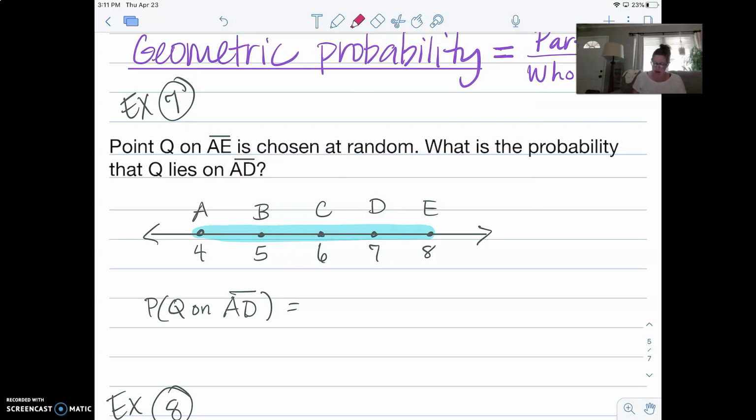So now let's look at AD. That's going to be my part. So we're going to take the segment for AD, which is the part, and then you can count or you can subtract, right? That's 7 minus 4, or you can just count. That's 3 units.